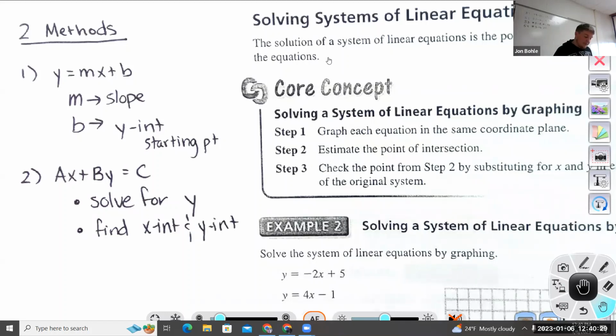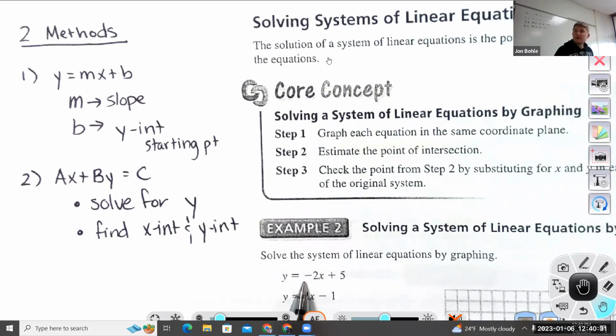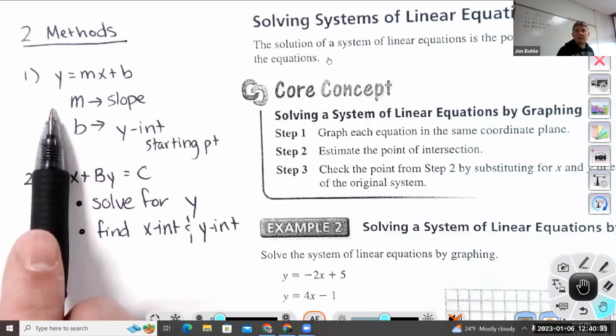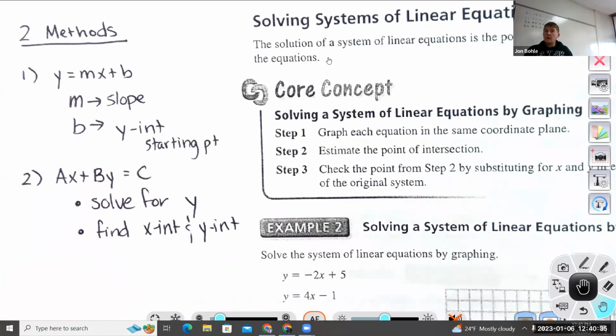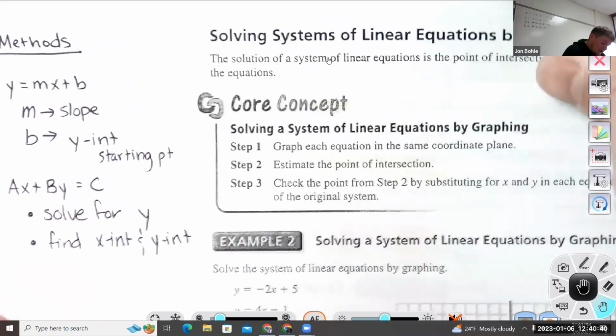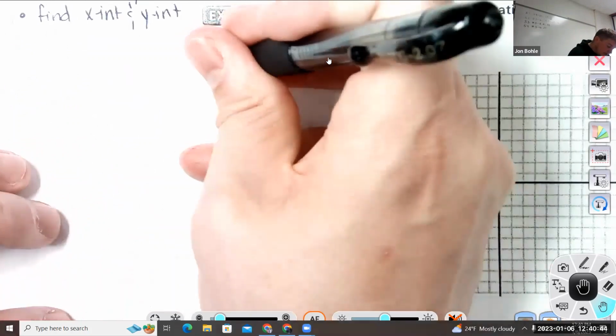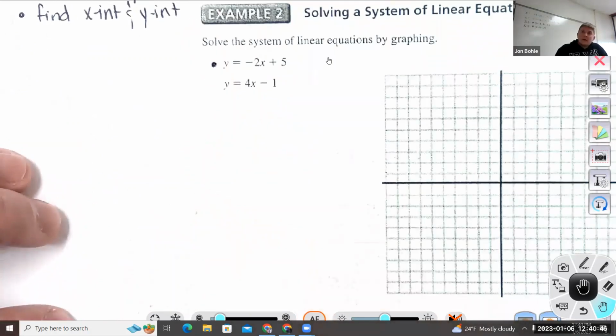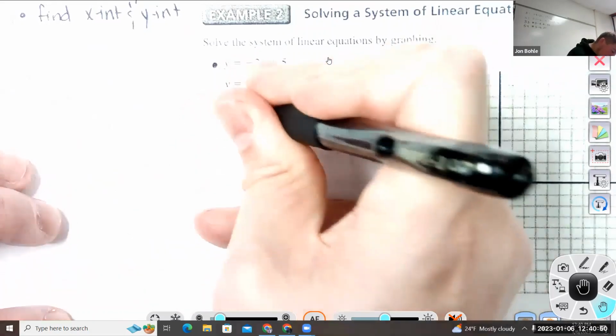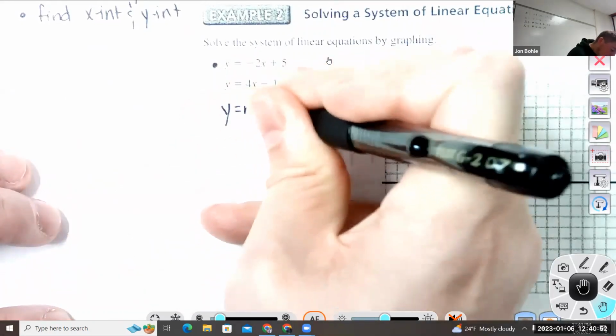So as I look at example 2, I look at this first one here. Is this looking like a method 1 problem or a method 2 problem? 1, because the y is by itself. Okay. So what I'm going to do is I am going to graph this one. I'm going to refer to this as the black equation. Okay. It's in this form.